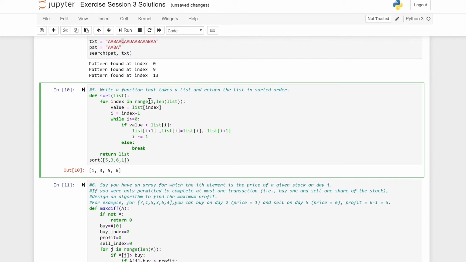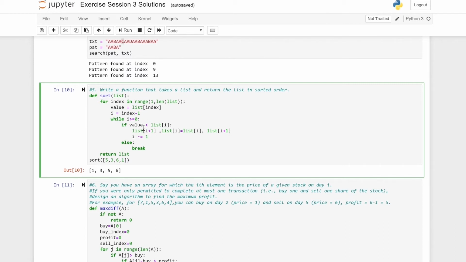Now index was 1, and now index is 2, and the value is list[index], which is 6. And i is index minus 1, so now i is 1.